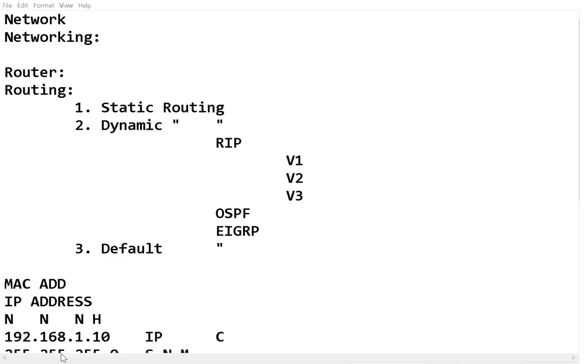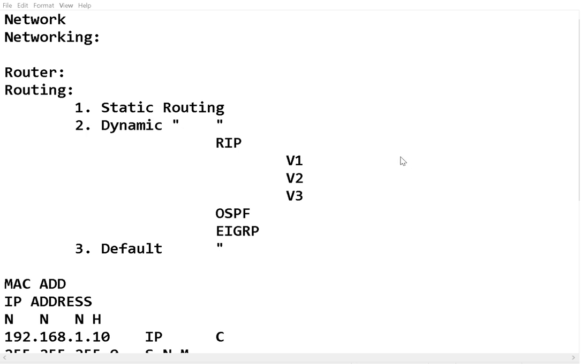Switch. Now, which cable? Cross cable. Still not clear?